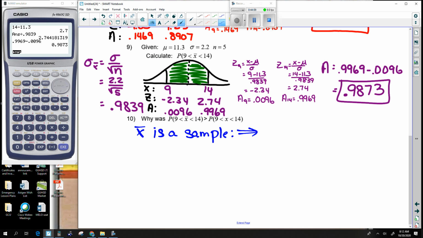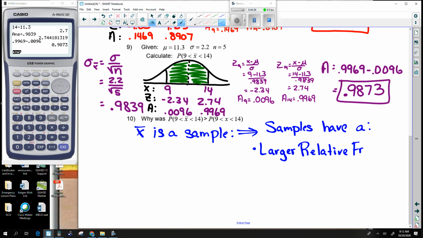That implies that samples have a taller, so they're a larger relative frequency around the mean, and a smaller standard deviation.